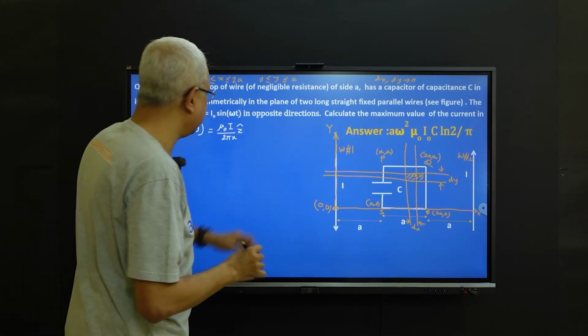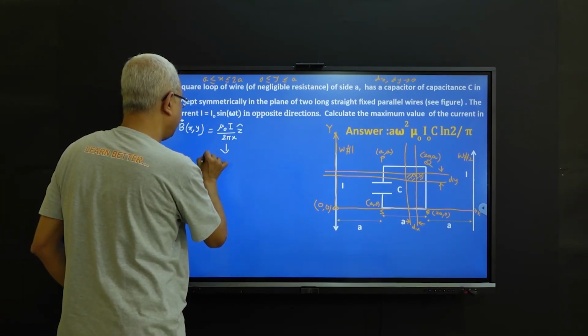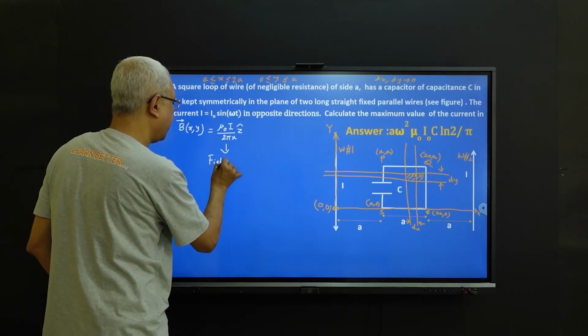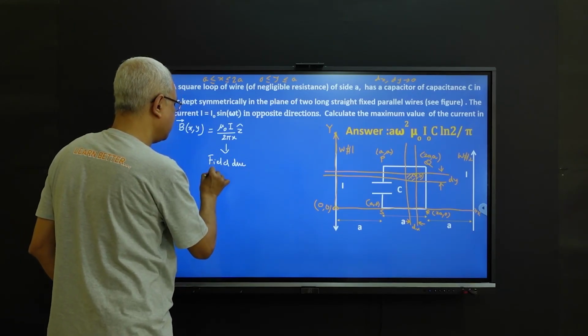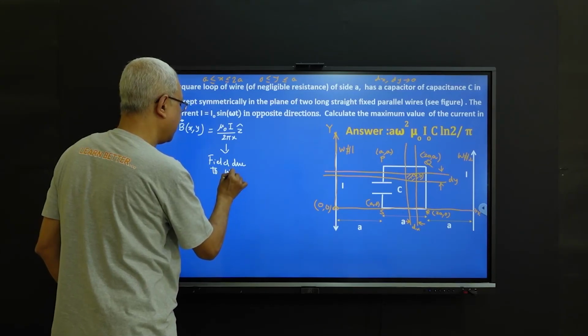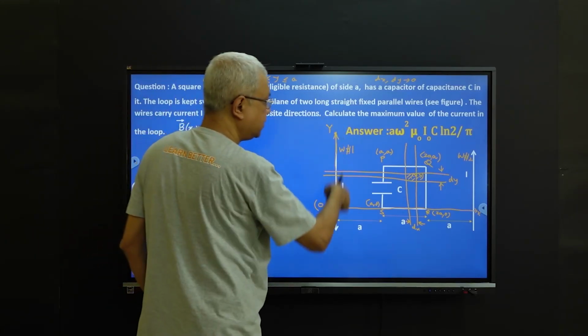So this is the field due to wire 1. Wire 1 is this one.